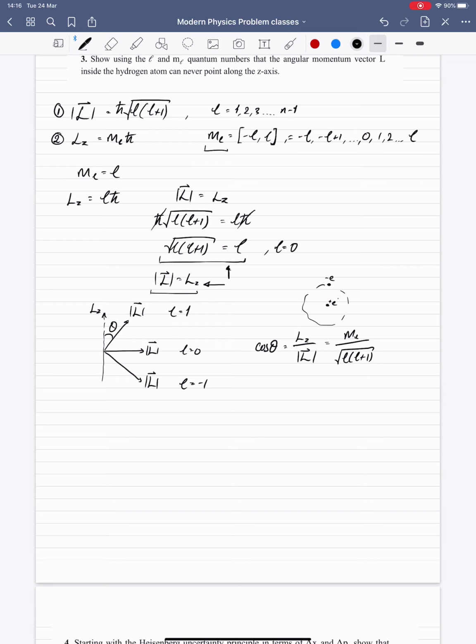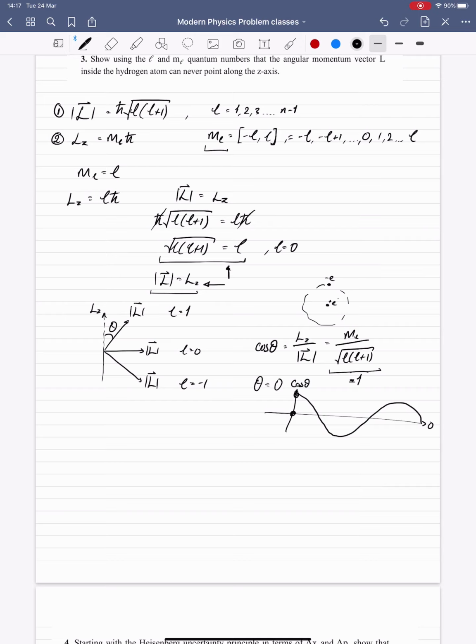Lz divided by the magnitude of L, which is ml divided by the square root of l(l+1), right? So for theta to equal 0, we need this side to be equal to 1, because we know from trigonometry that the cosine of 0 equals 1.